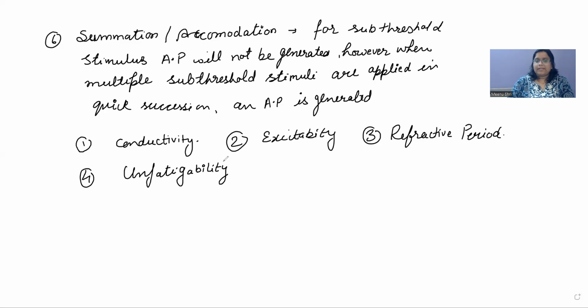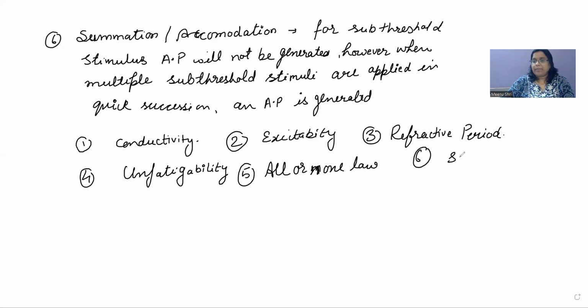Unfatigability means the nerve fibers are not fatigued even when they are stimulated continuously. They will conduct the impulses. The fifth one, all or none law, says a nerve fiber either transmits an impulse or not.